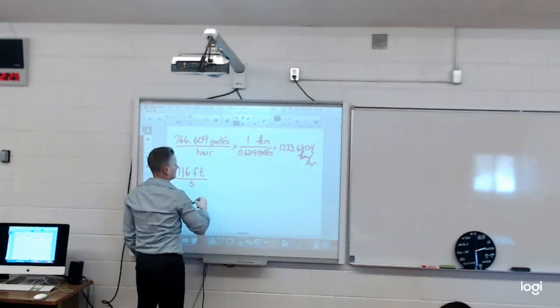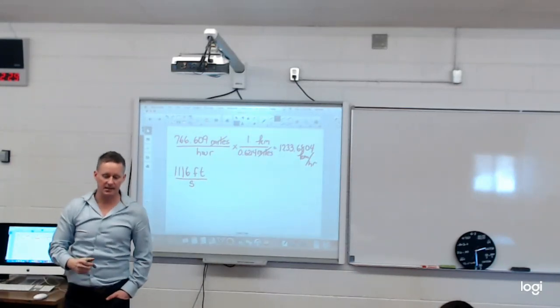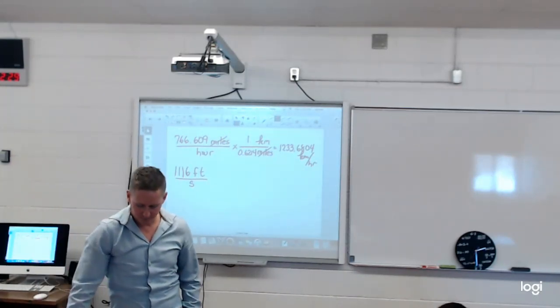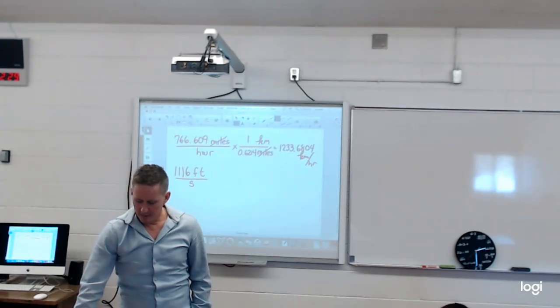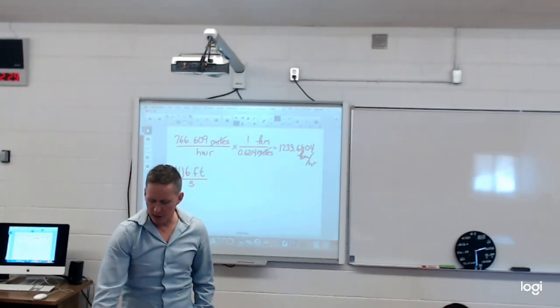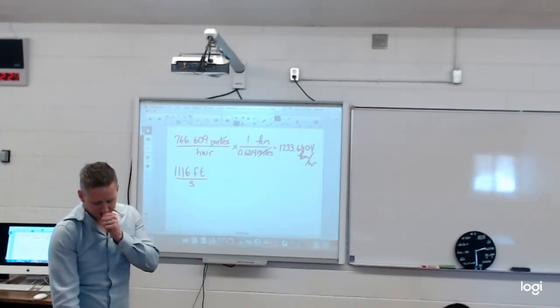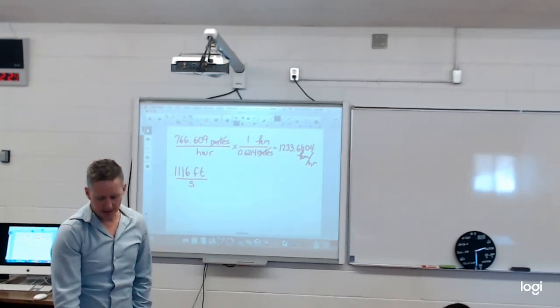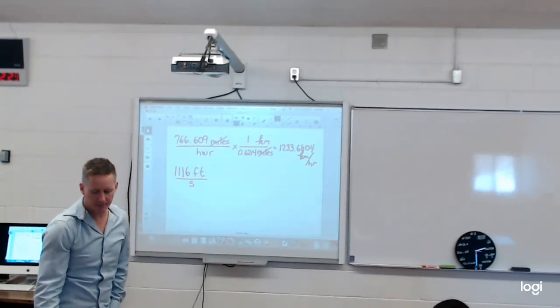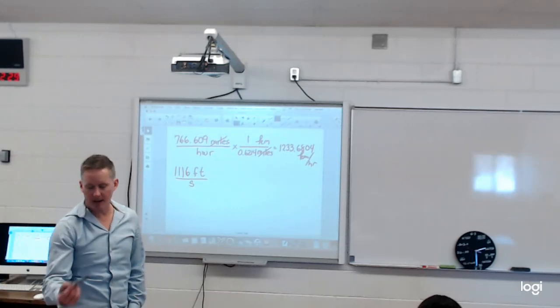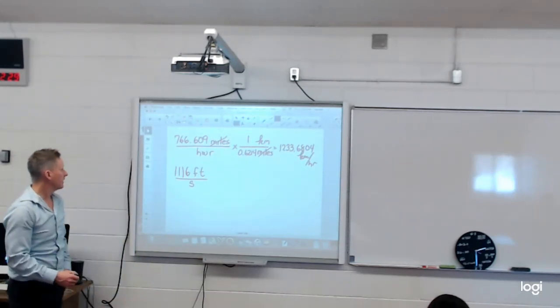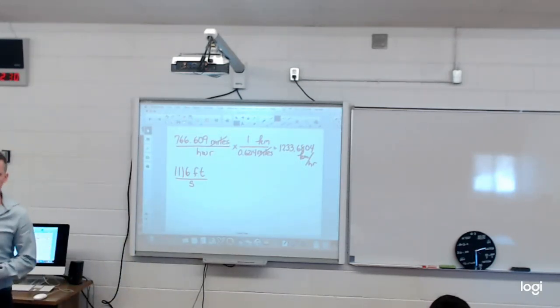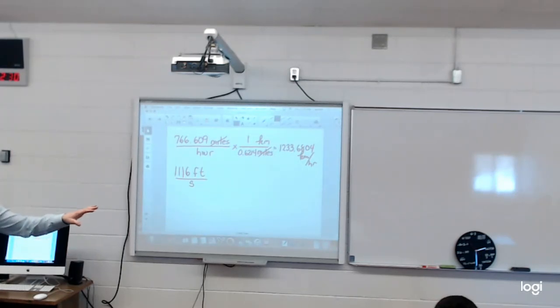Okay, that's what they say the sound barrier is. The speed is given as a measurement called Mach 1. How many miles per hour above Mach 1 was the car's top speed and how many kilometers per hour? Okay. So I want to change this guy into miles per hour.